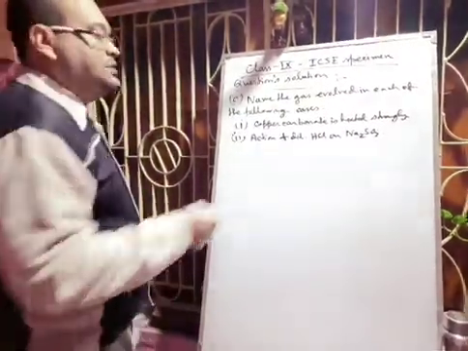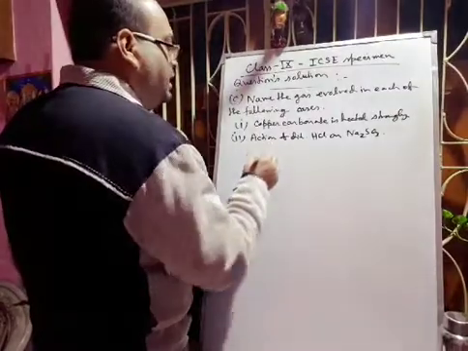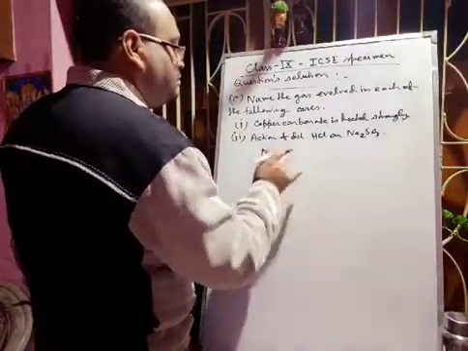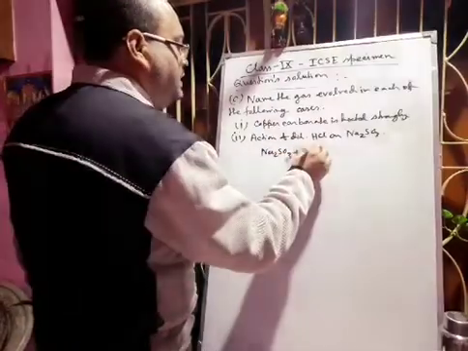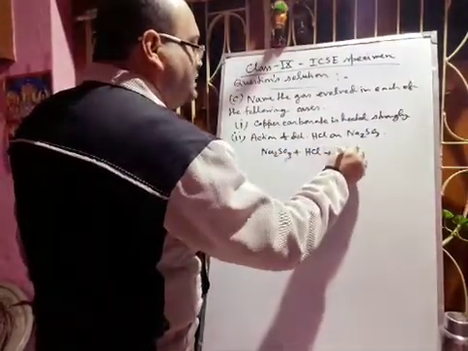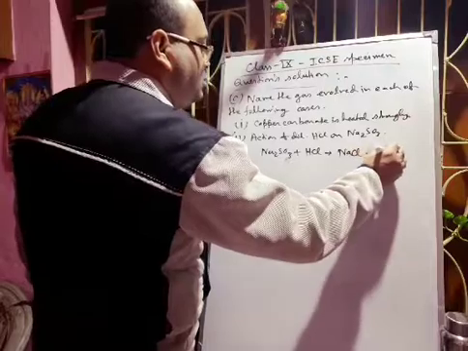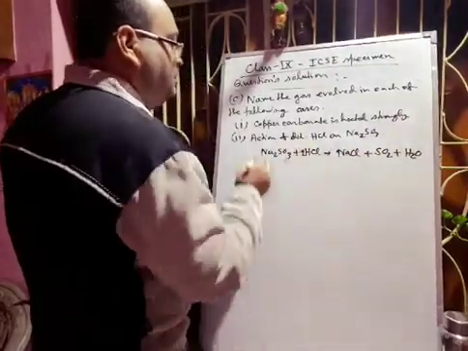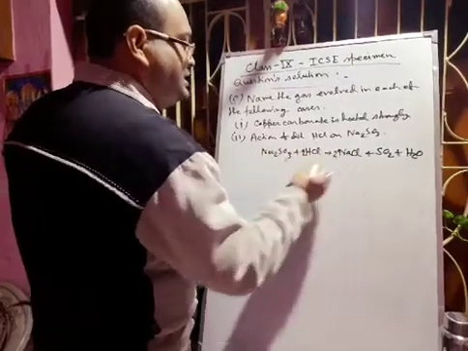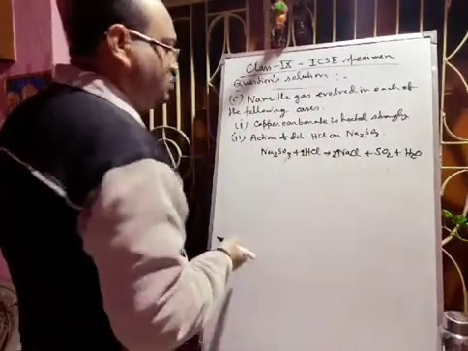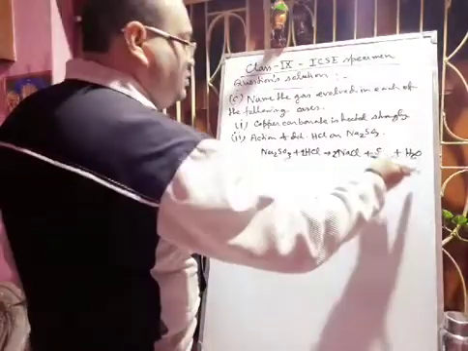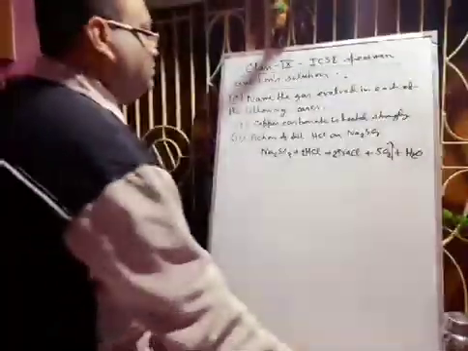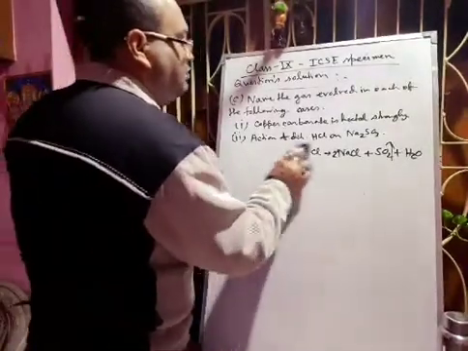So actually the reaction will be like this, Na2SO3 will react with HCl forming NaCl plus SO2 plus H2O. Here you have to put 2, so there will be twice NaCl and this is the SO2, and this one is H2O. So sulfur dioxide gas will evolve. So you have to write only the name of the gas.